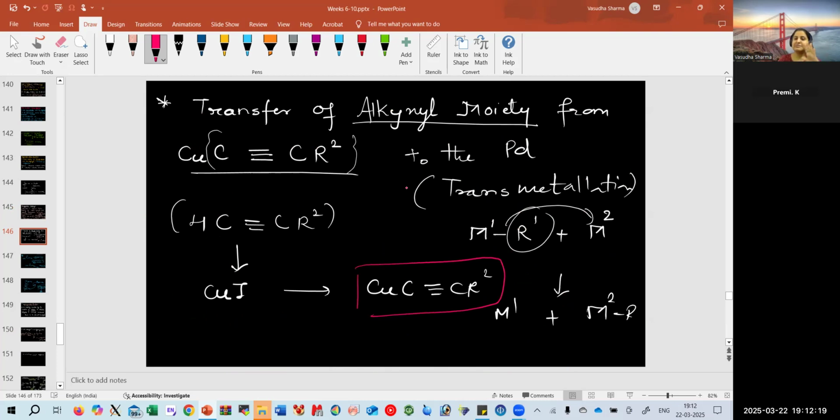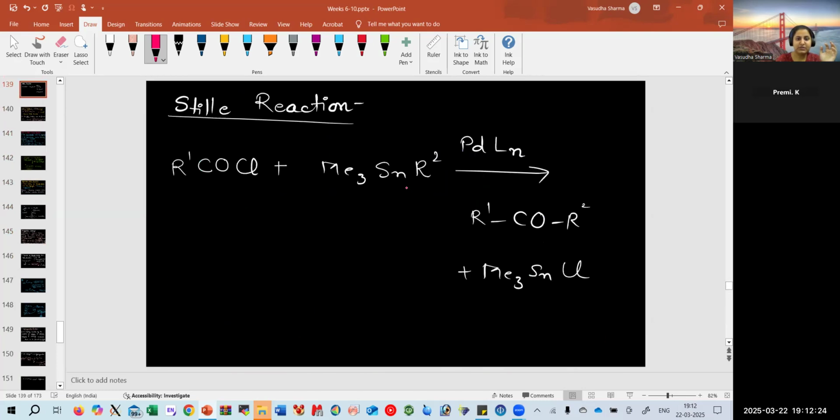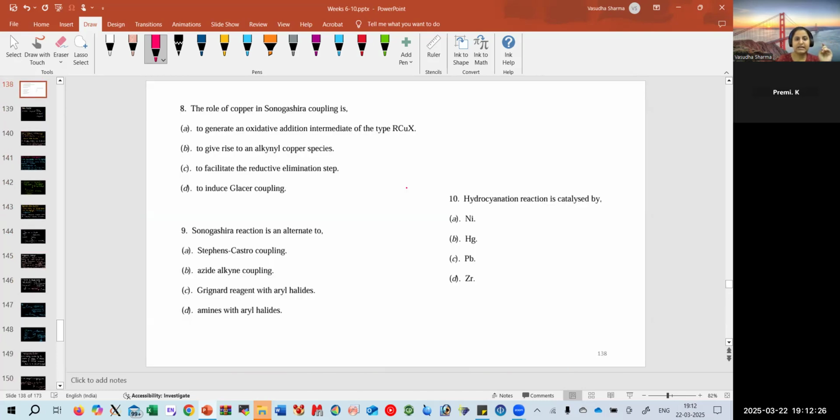And that really helps in giving you a final product. So the role of copper in Sonogashira reaction is to give an alkynyl copper species. This is very important, where it forms a Cu plus, C minus bond with CR2, whatever the thing would be there.